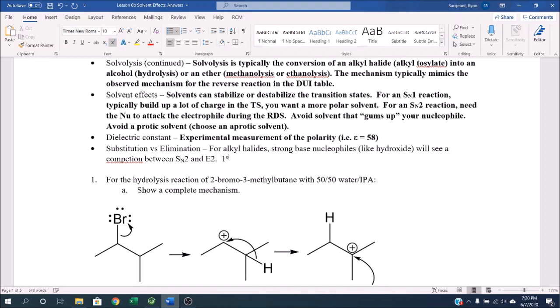Primary alkyl halides favor SN2, secondary alkyl halides favor E2, and tertiary alkyl halides overwhelmingly, or essentially always, go E2. Let's call it that.